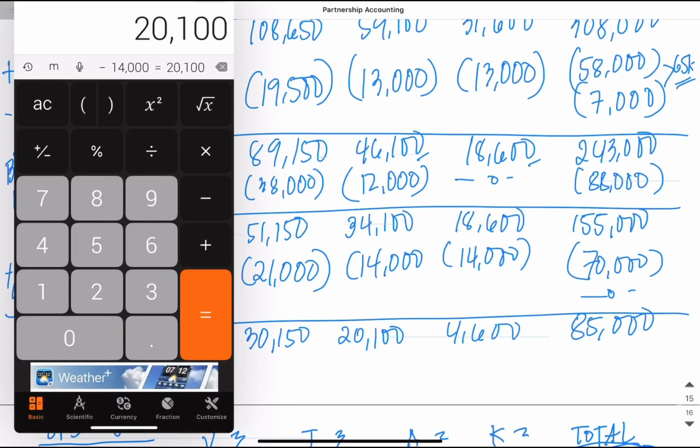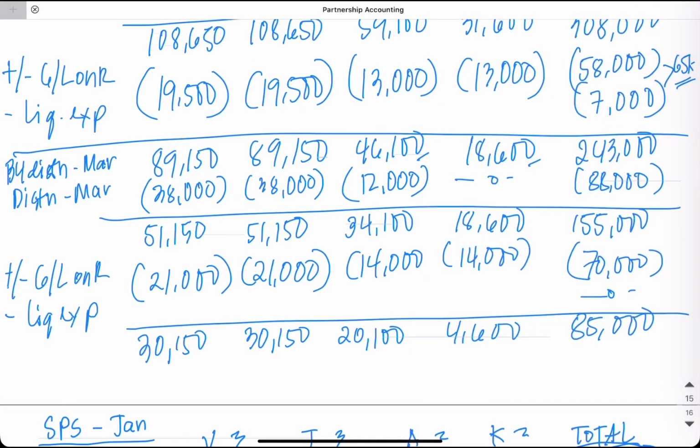Now, since this is the last month or last period, all we have to do is check whether there are still negative balances. If none, then these balances before distribution in April will be the amount to be distributed in April.